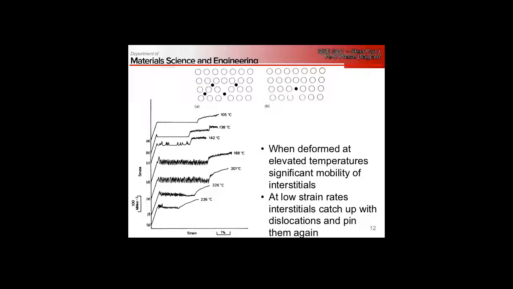And this gives a very strong pinning force, but these interstitials have very high mobility. So in conditions like this, you get strong pinning, and then as the dislocations move in their herky-jerky way, the interstitials catch back up and repin the defects. And this is termed dynamic strain aging.